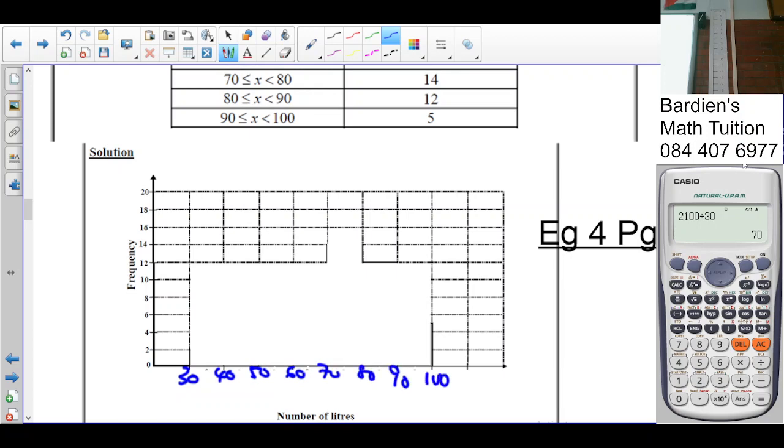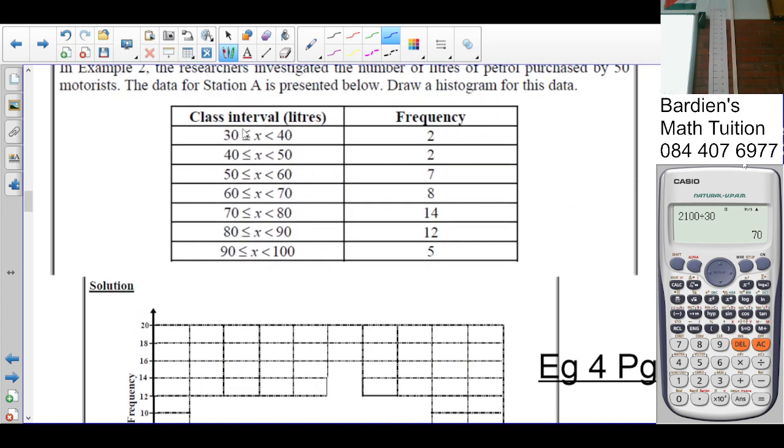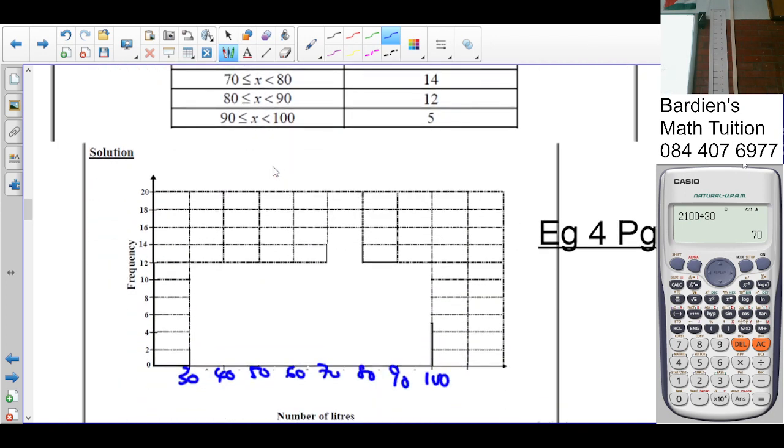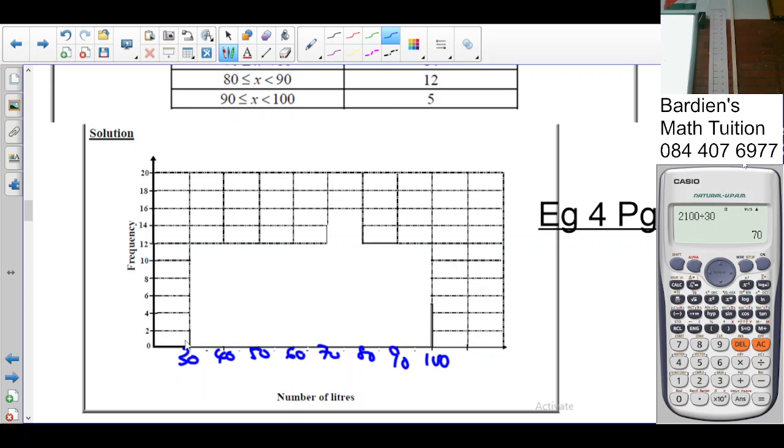Where do I get those values? I get these values from the class intervals. Can you see? It's 30 to 40, 40 to 50 and so on. So do I need that 0 here? Do I need to start at 10? No. I can go straight.